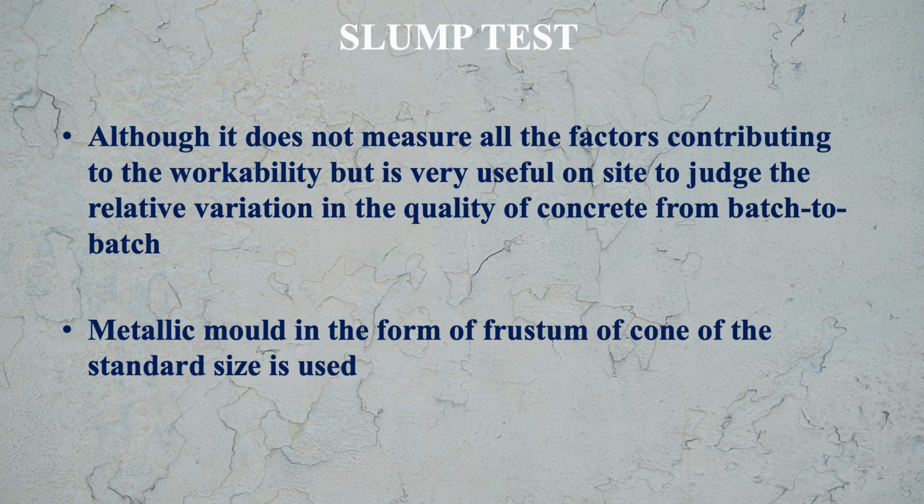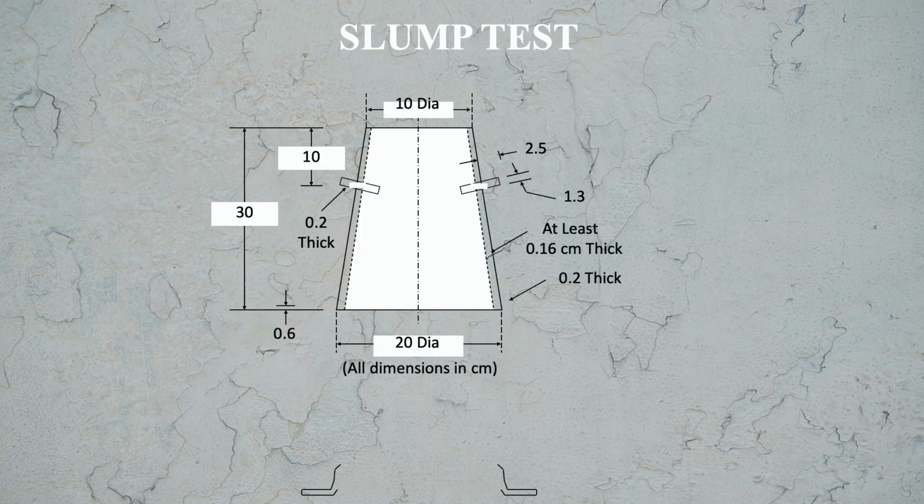In this test, what we do basically, a metallic mold in the form of a frustum of cone of standard size is used. As you see here, it is the metallic mold and shape is frustum of cone. The top diameter is 100 mm, written here as 10 centimeter.